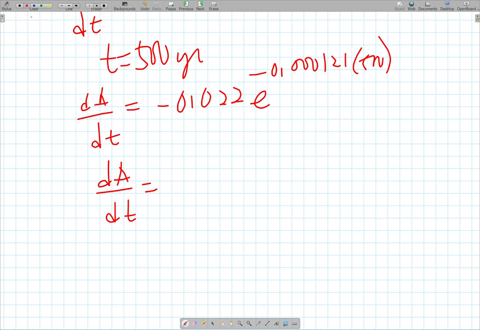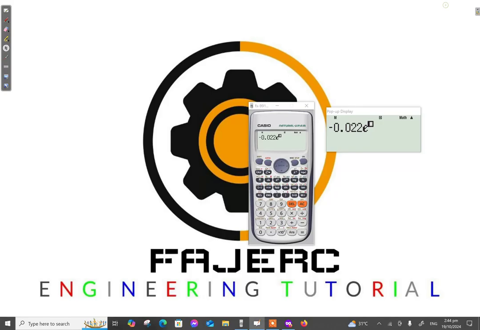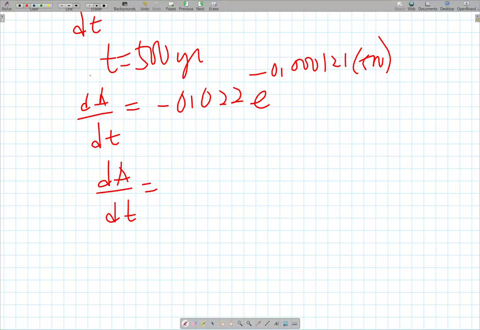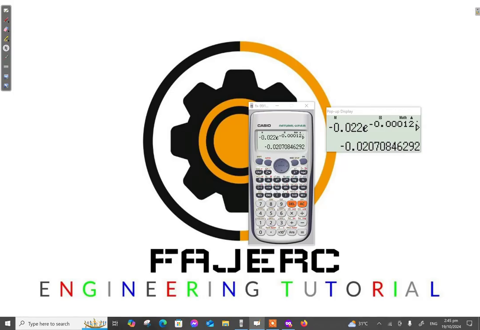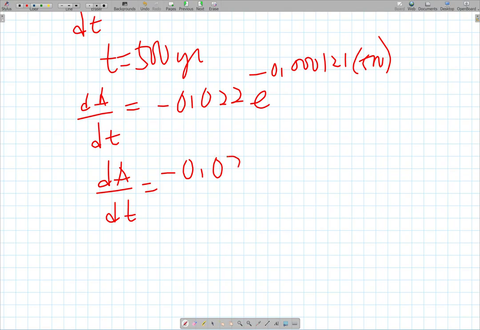Okay, negative 0.0000121 times 500 years, no? And then equals, okay, so negative 0.021, okay, negative 0.021. What is the unit?